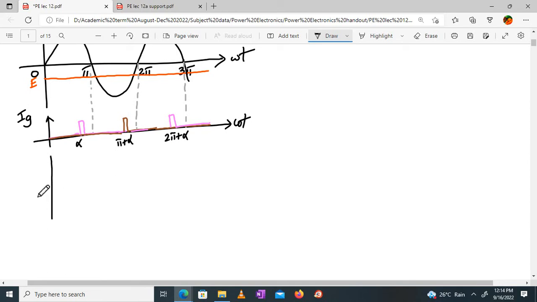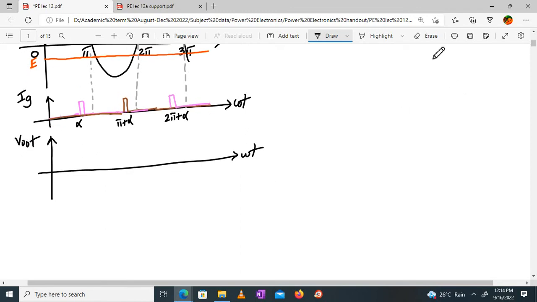Next, I will draw V out. I mean, I out also, I mean, we should ideally draw I out first. So, for I out, we have to do that referencing.